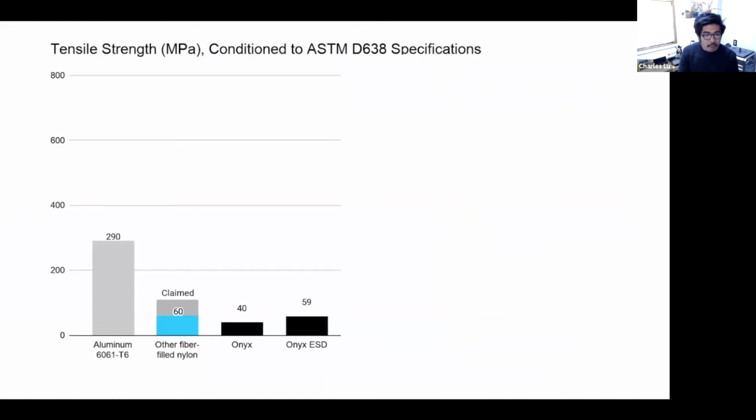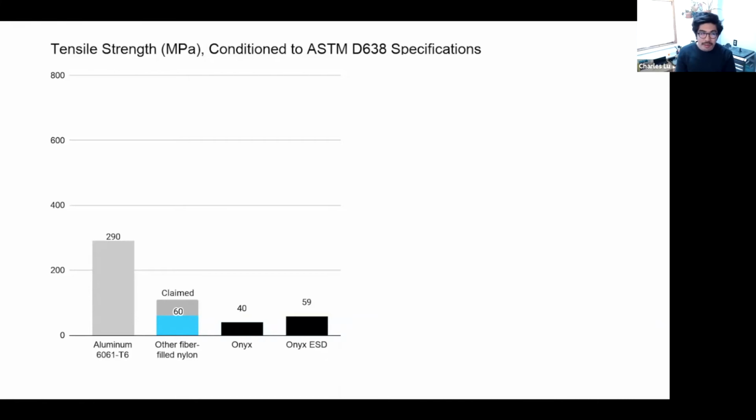To put some more numbers to this, we could compare the tensile strength of materials here. So for one, you notice that I put a claimed number here. I want to note that the material strengths that people use are not always conditioned to ASTM D638.